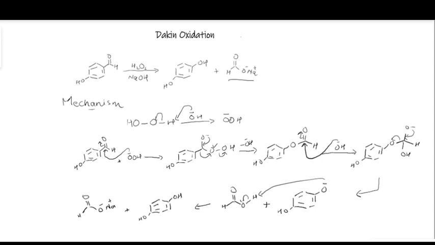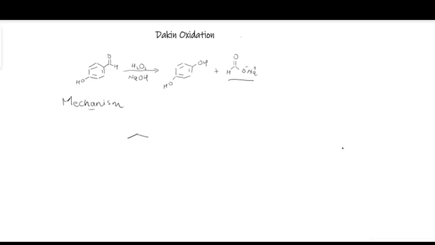A very interesting application of this reaction is the conversion of salicylaldehyde to catechol. So if we have this ortho hydroxylated benzaldehyde, or salicylaldehyde, upon reaction with hydrogen peroxide in the presence of a base, it will be converted into catechol.